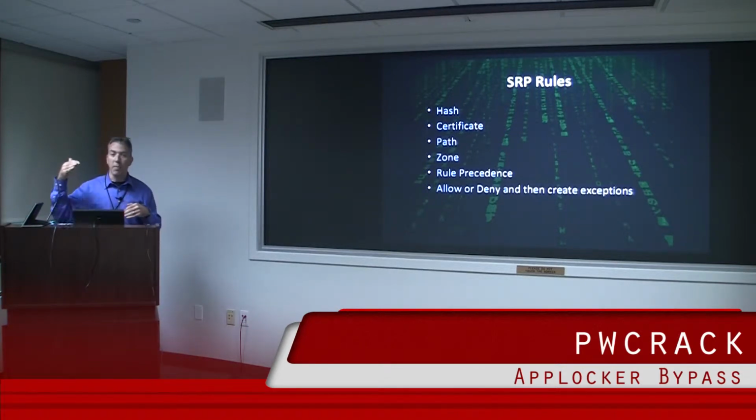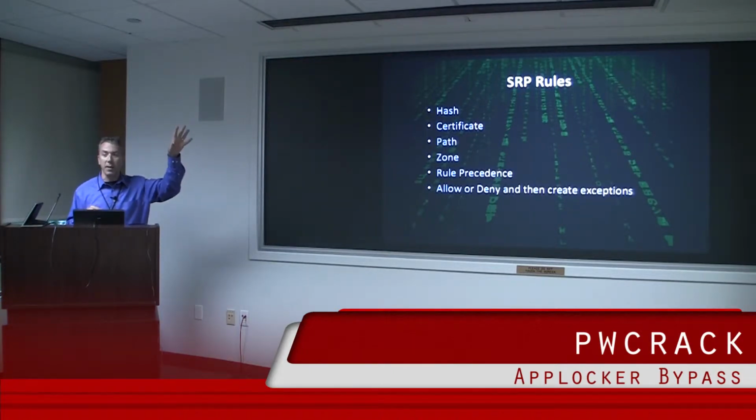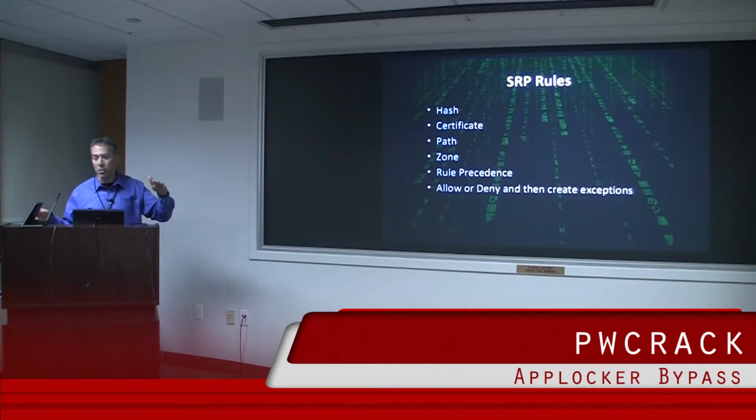The rules are going to be set up in terms of precedence. So for instance, if I wanted to whitelist something, the first thing I would do is blacklist everything and then add in the things that I want to allow. Or if I wanted to say you're allowed to do everything except X, then I would allow everything and then add in the things that you're not allowed to do.